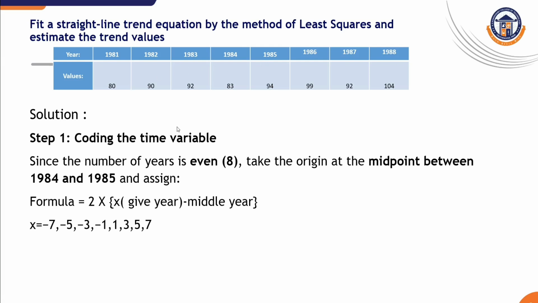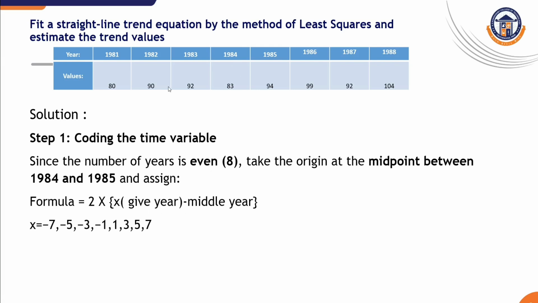The formula is very simple: 2 times the given year minus the middle year. The middle year here is 1984.5. For the first given year, 2 times 1981 minus 1984.5, we have the value minus 7.